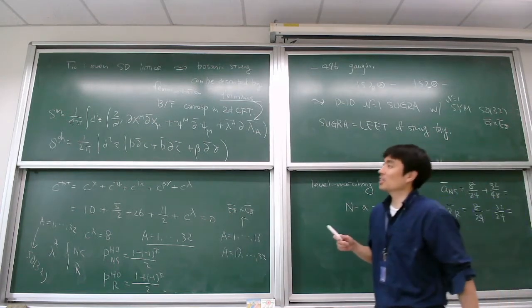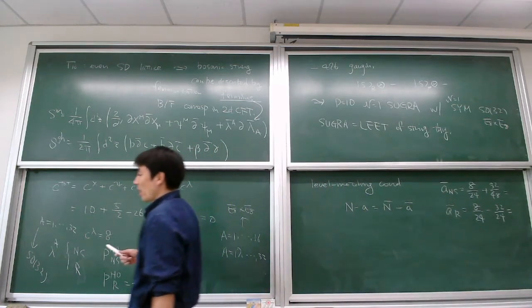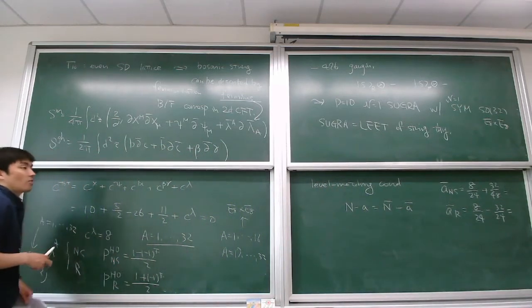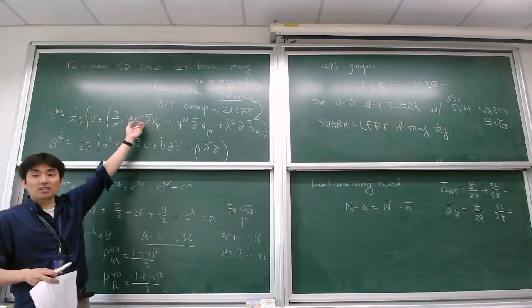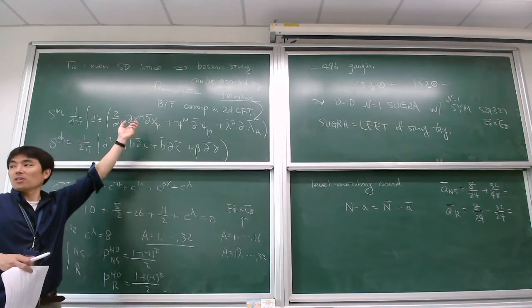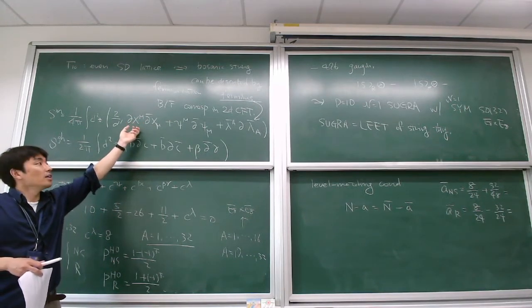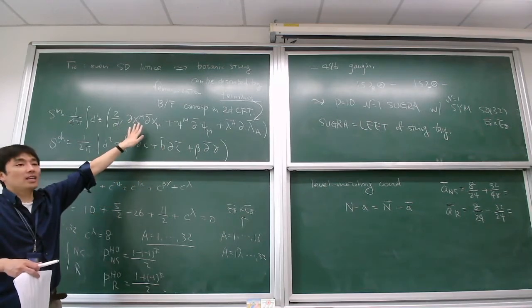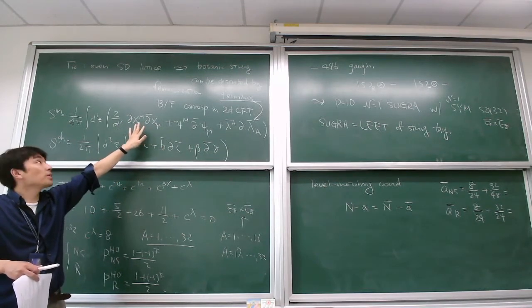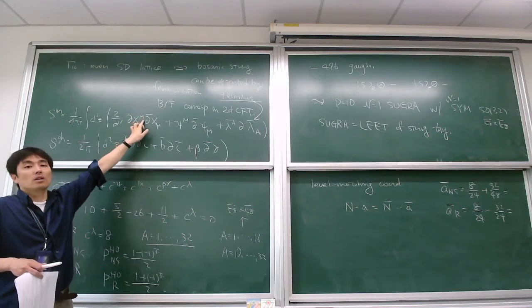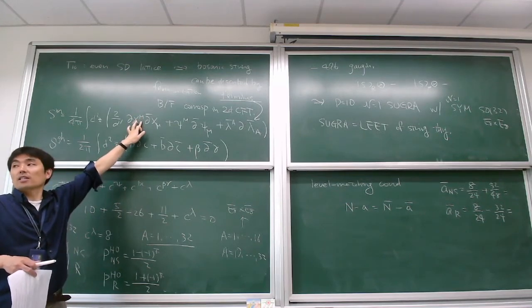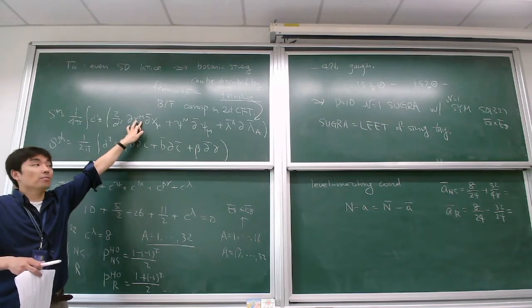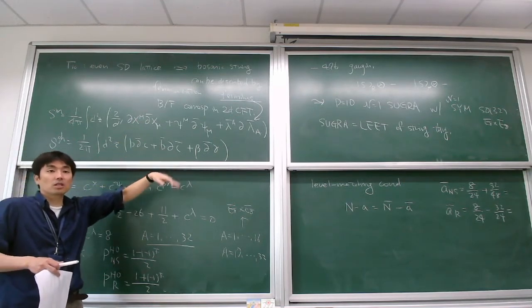So just look at what kind of moving sector we have. In this sector we have the bosonic string, the bosonic modes, and also BC. So the normal ordering really comes from the anti-holomorphic sector of X, which runs from 0 to 9. D equal to 10 dimensions, and also BC.